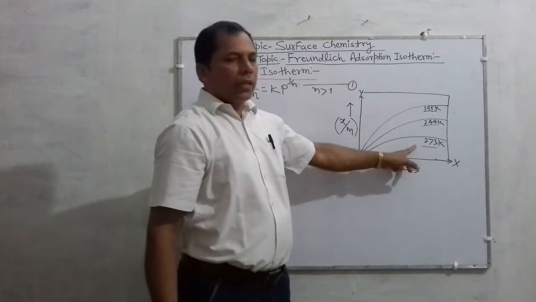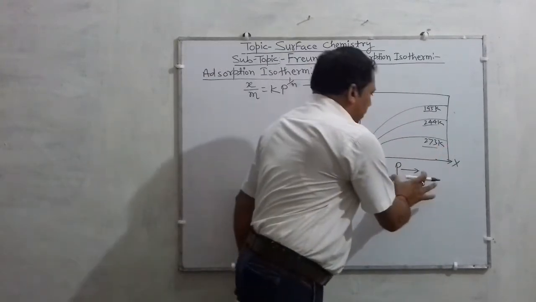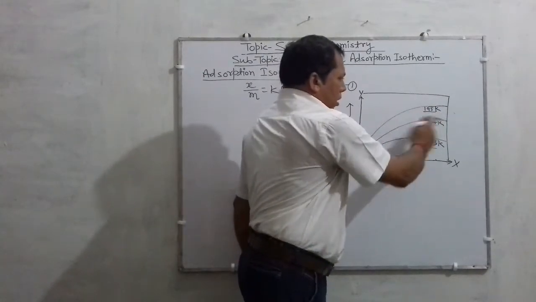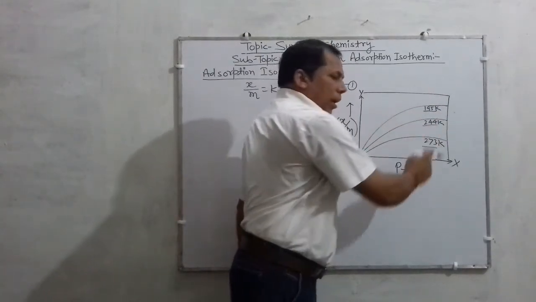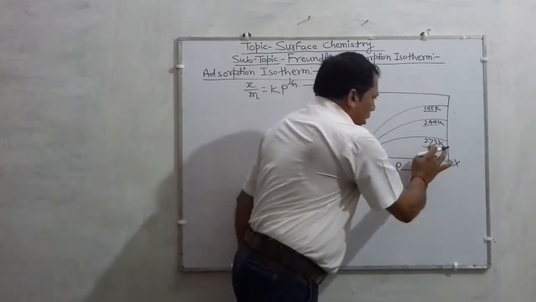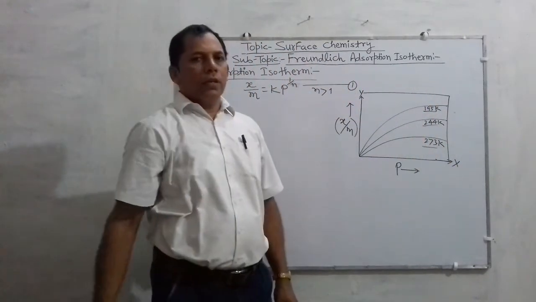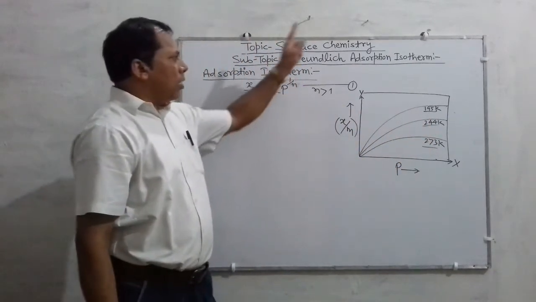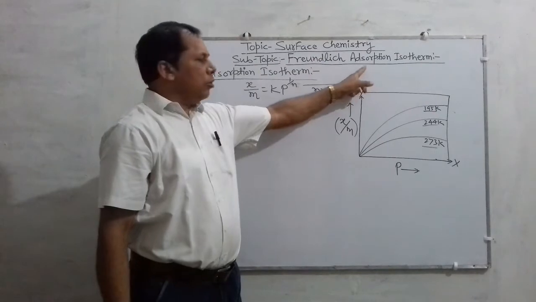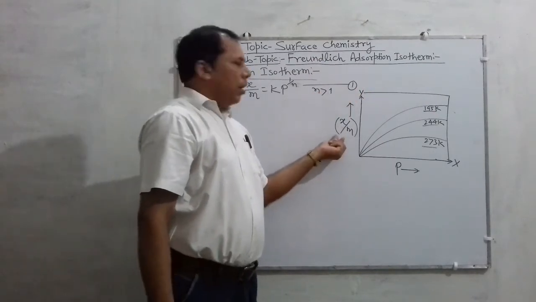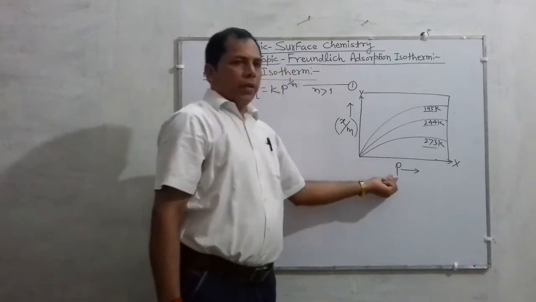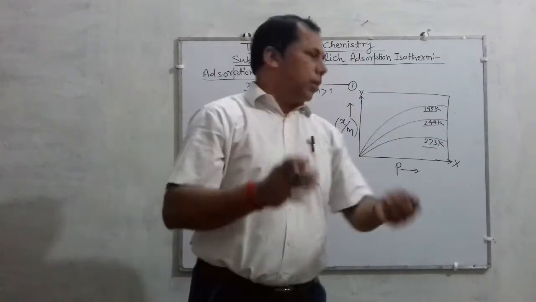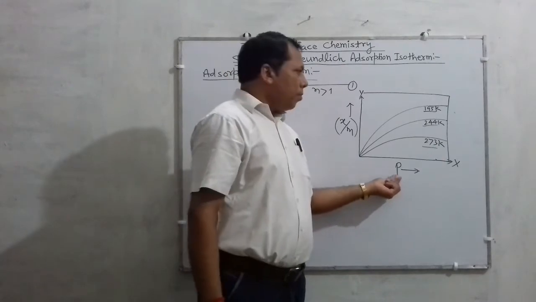Clearly it is indicating that at fixed pressure there is a continuous decrease in the physical adsorption with the increase of temperature. Alright? So such curves formed are called adsorption isotherms, and they are plotted as x by m versus p. And x by m is the magnitude of adsorption, and p is the pressure.